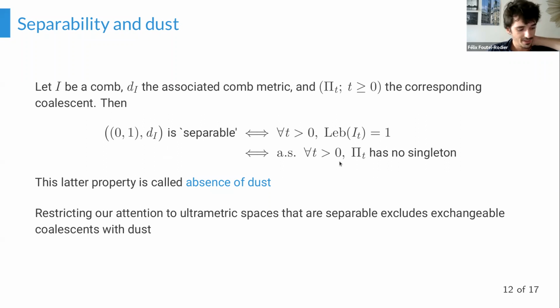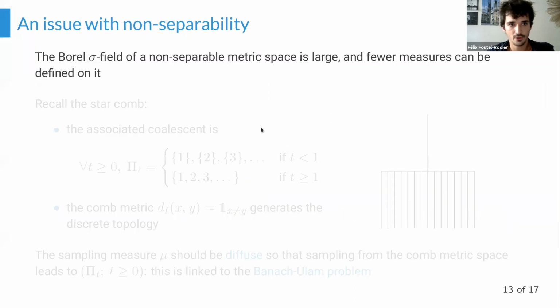And so in the remaining time, I won't have time to state the result that we obtained for non-separable spaces because it's slightly technical, but I just want to show you the difficulty that arises when you want to consider a non-separable metric space. The main issue that we encountered can be summarized in the following fact: if you consider the Borel sigma field of a non-separable metric space, then it's extremely large, and this means that you can define fewer measures on it.